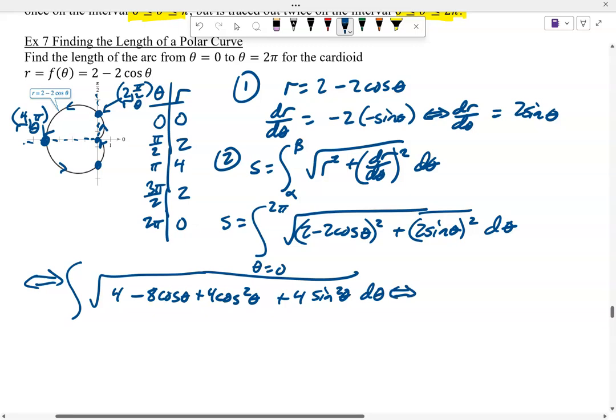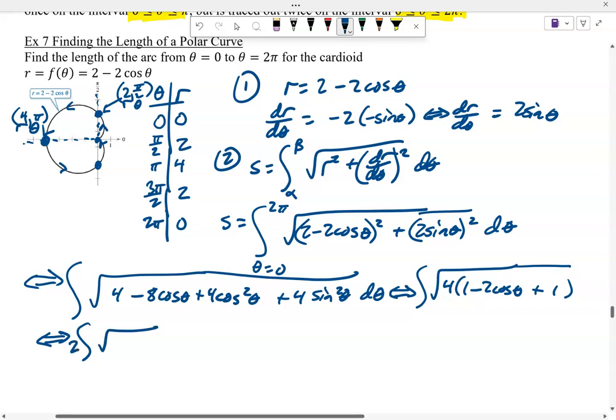Let me take out a 4. I've got 1 minus 2 cosine theta plus cosine squared plus sine squared, so plus 1. So I've got the square root of 4 is 2, and then 1 plus 1 is 2, so I've got 2 minus 2 cosine of theta.